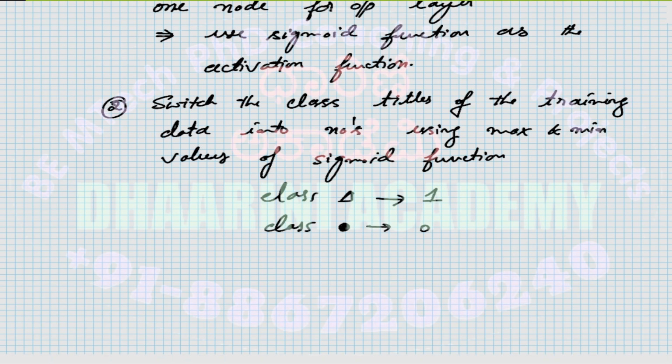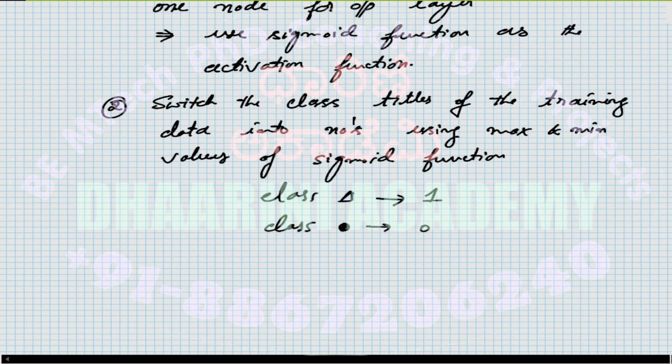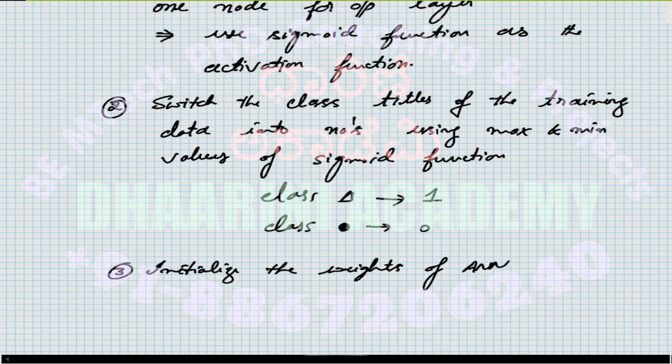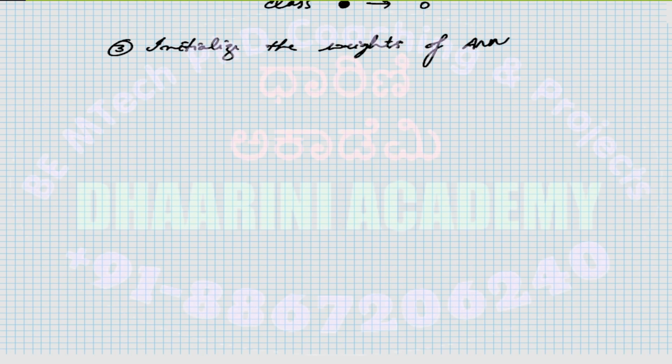All right, the next thing that I want to do here is step number three. This is to initialize the weights of the artificial neural network. You can put some random values or smaller values, whatever, as per convenience.